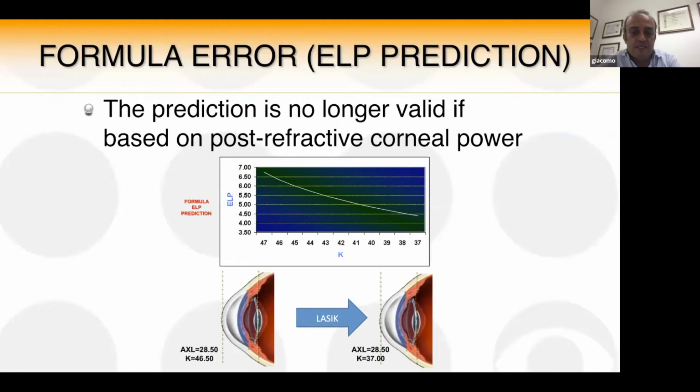But this happens. Look at this example. Before surgery, you had 46, 47 diopters of corneal power, and you got the right ELP estimation. If you correct -10 with an excimer laser and you go down to 37, it's logical to expect a wrong ELP estimation.